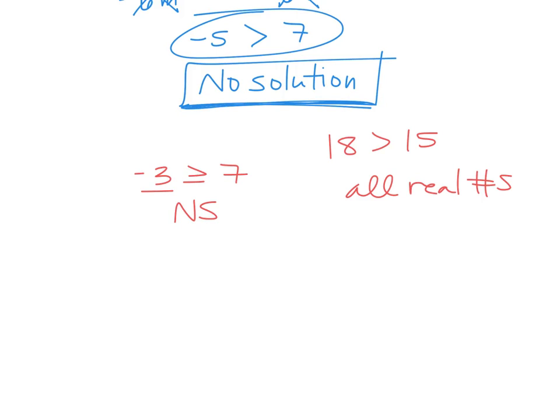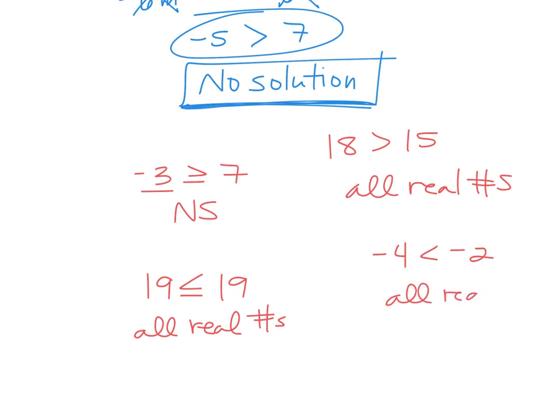Okay, what if it was 19 is less than or equal to 19? All real numbers. That is a true statement, right? So that would be all real numbers. What if it was -4 is less than -2? All real numbers. That's true, right? So that would be all real numbers.